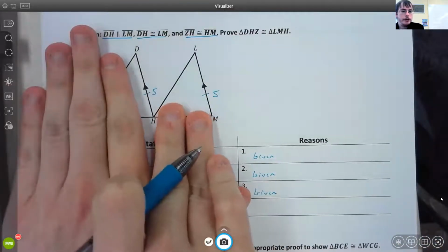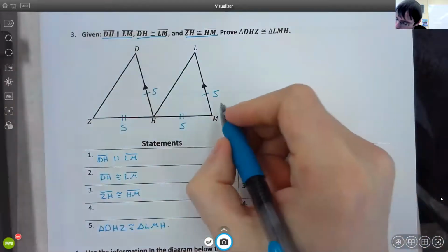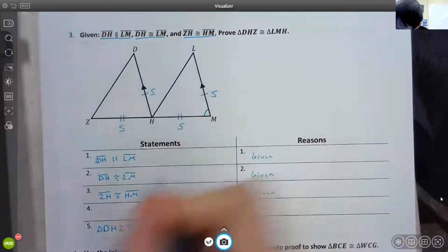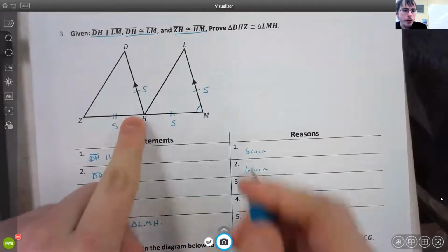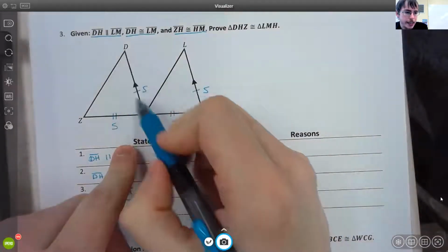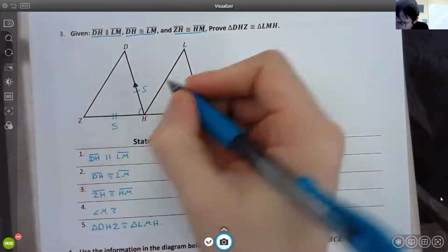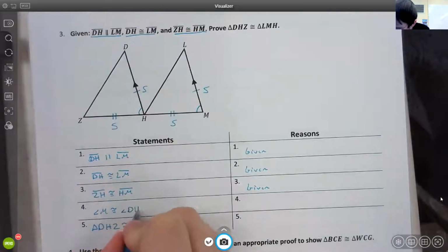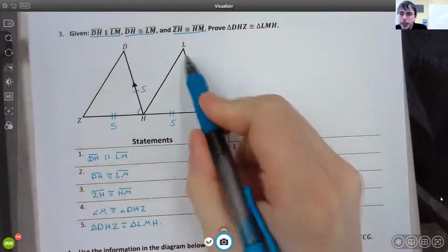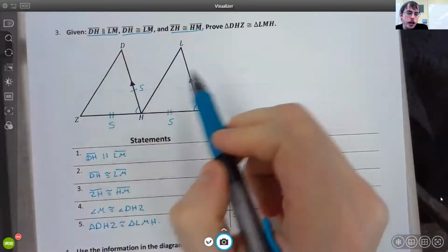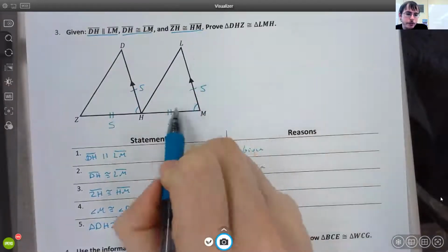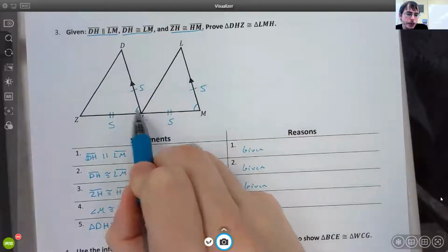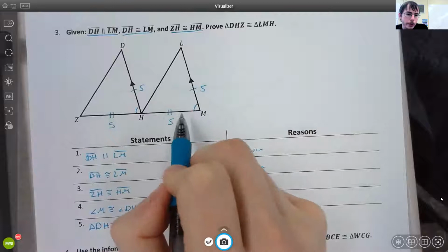We can tell from our diagram that angle M here is congruent to angle H, or angle DHZ. Now, the reason for that, if you look at these two parallel lines here and you look here, this is inside and this is also inside, okay? You can also use this as the transversal as well, okay?